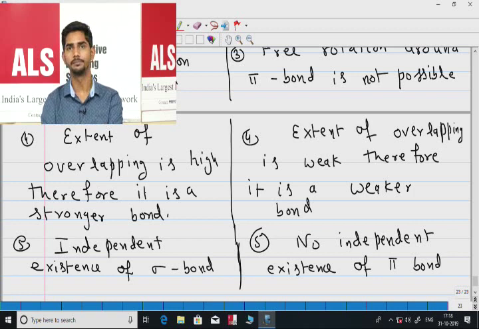Copy and confirm. So guys, these are the differences that you have to remember. And if any point is not clear to you, please ask me. And if not, then we can proceed.